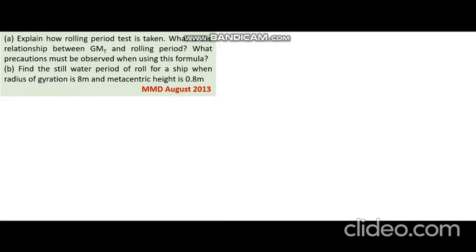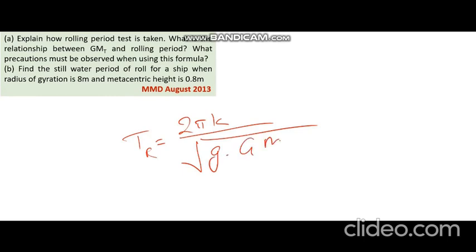Fine, but let's focus on the second part of the question. Find the still water period of roll of a ship when the radius of gyration is 8 meters and the metacentric height is 0.8. Which formula to use? 2 pi k upon root g GM, right? TR is equal to 2 pi k upon under root g GM.